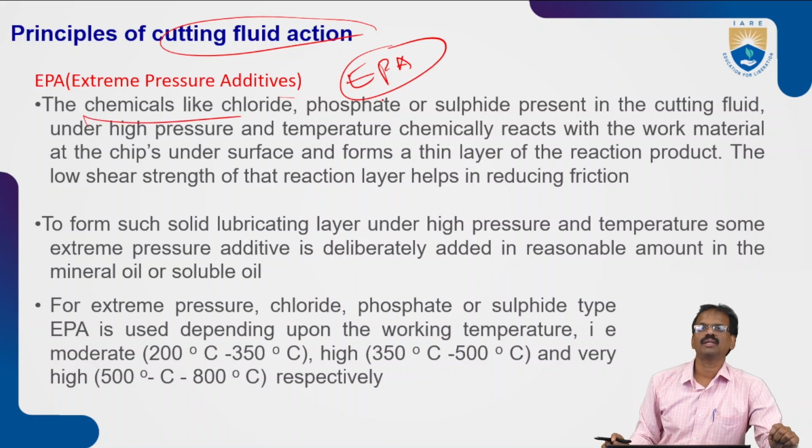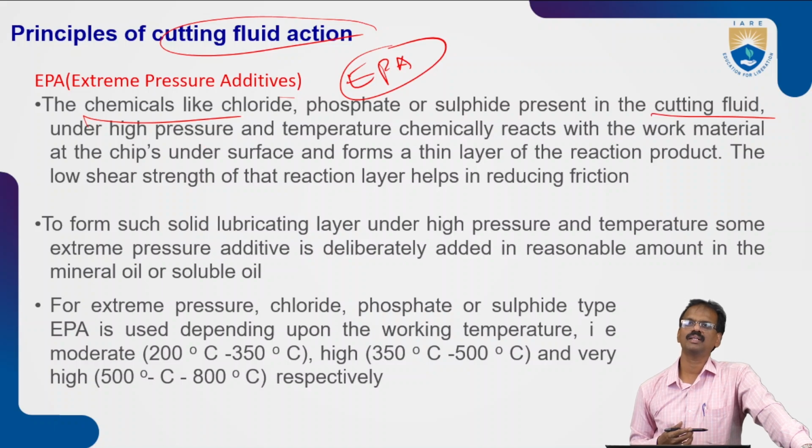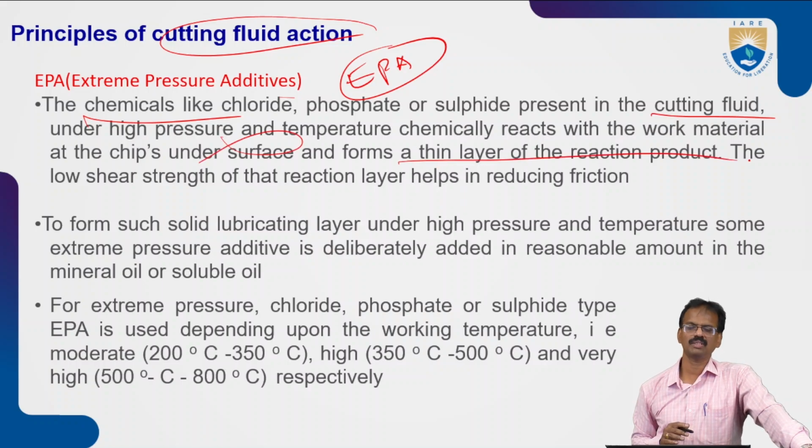The chemicals like chloride, phosphate, sulfide present in the cutting fluids chemically react with the work material under high pressure and temperature, at the chip's under surface, and form a thin layer. Because of these high pressure additives, a thin layer is formed on the workpiece that leads to smooth machining.